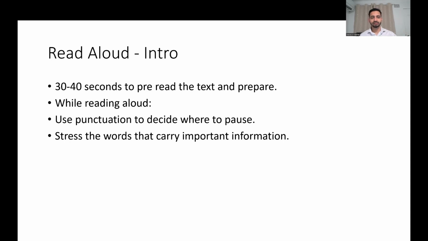While you're reading aloud, you should use punctuation to decide where to pause, and we will go over that in more detail later on, and then stress the words that carry important information.